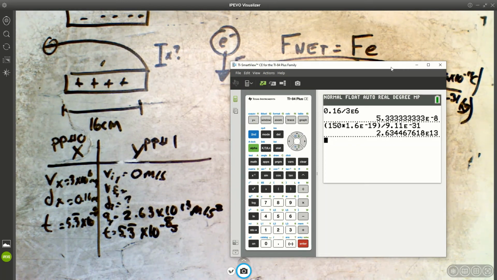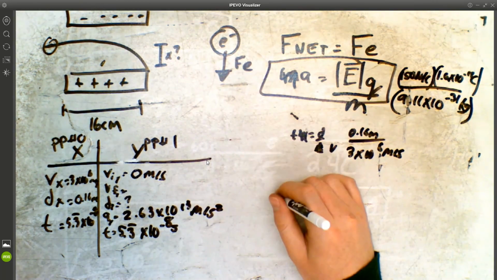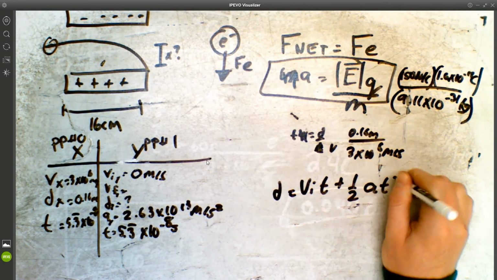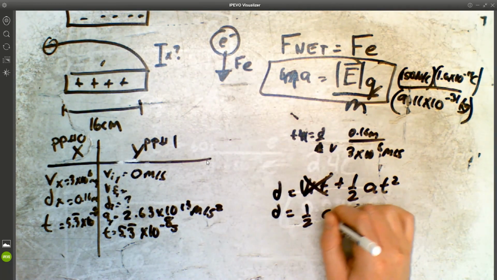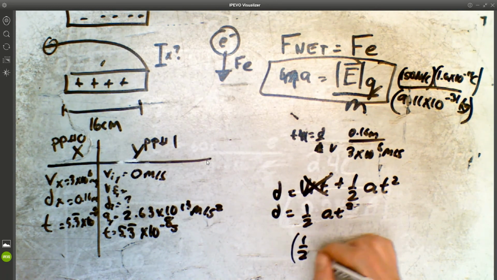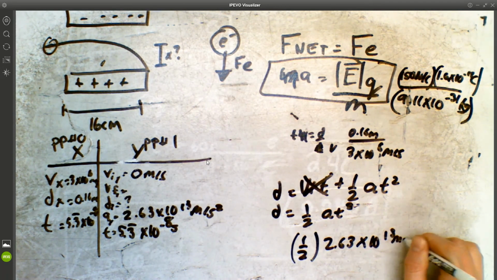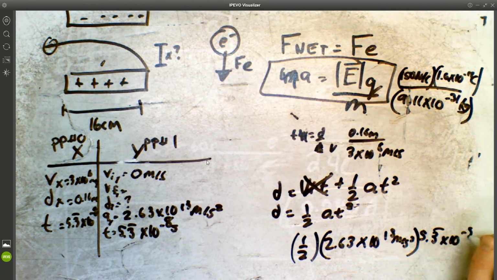Now we can use vi, vf, d, a, t, and we can find the distance. If we finish this off with d equals vi t plus 1/2 a t squared, our initial velocity is 0, so we can get rid of that. To find our distance, it's just going to be 1/2 times our acceleration, 2.63 times 10 to the 13 meters per second squared, times a very small time of 5.3 repeated times 10 to the negative 8 seconds, and we've got to square that.